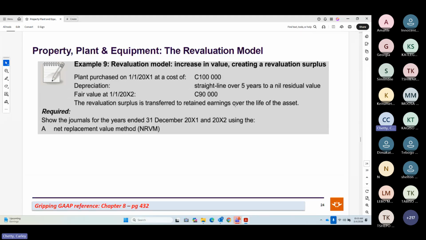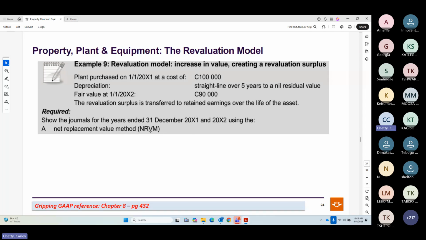So here, once we create our revaluation surplus account, we then need to transfer a portion to retained earnings as we depreciate the asset. The required says show the journals for the years ended 31 December 20X1 and 20X2 using the net replacement value method.